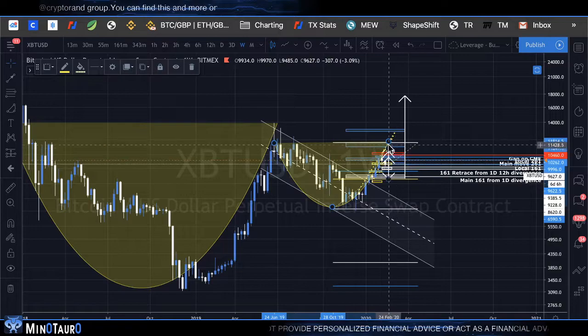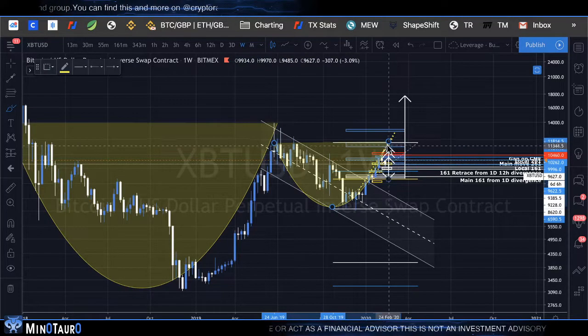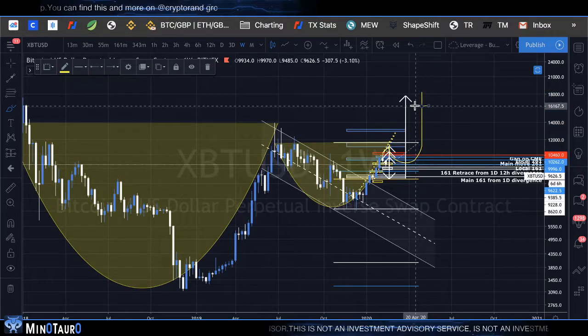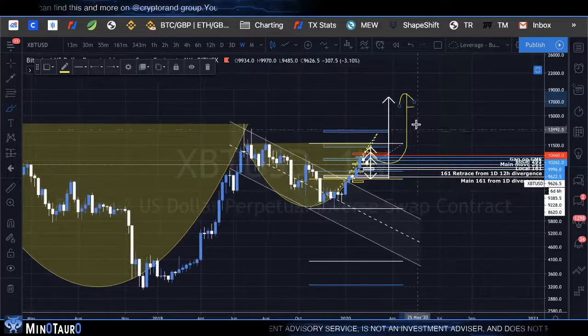So we don't know what we will have here, and go 161 handle and go to targets. So this is the idea.